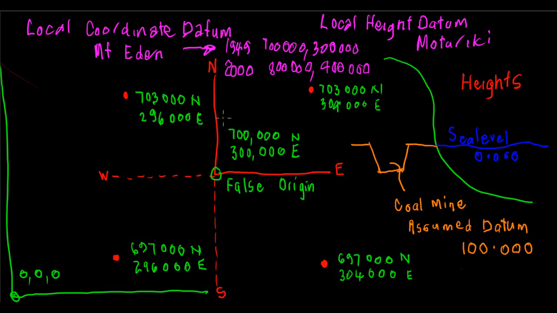Now you will from time to time have to develop a coordinate system, and you will be using a false origin. I must stress how important it is that you have separation between the northings and the eastings. If you look at these coordinates here, there's no real doubt as to which one's the northing and which one's the easting because of that separation.